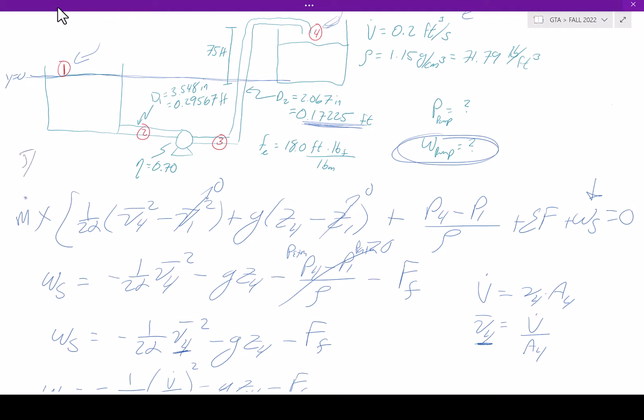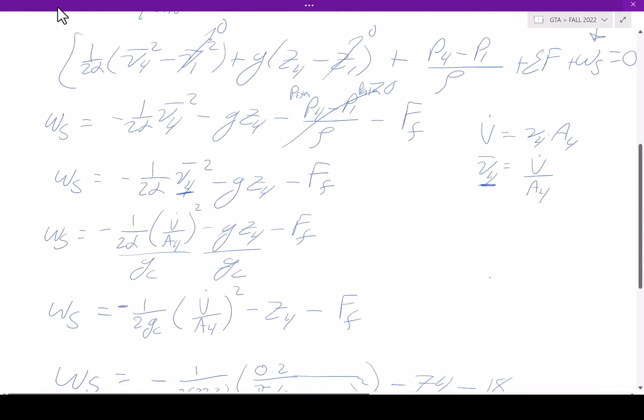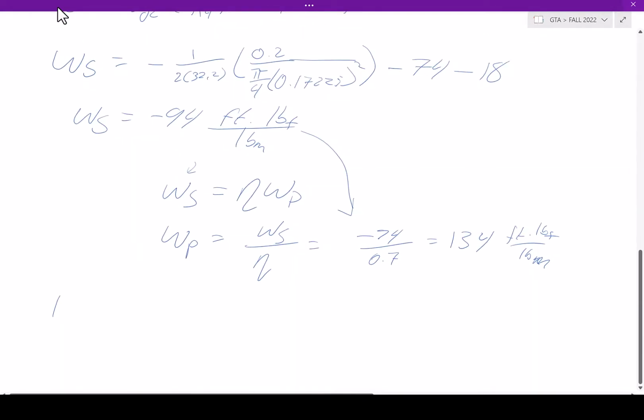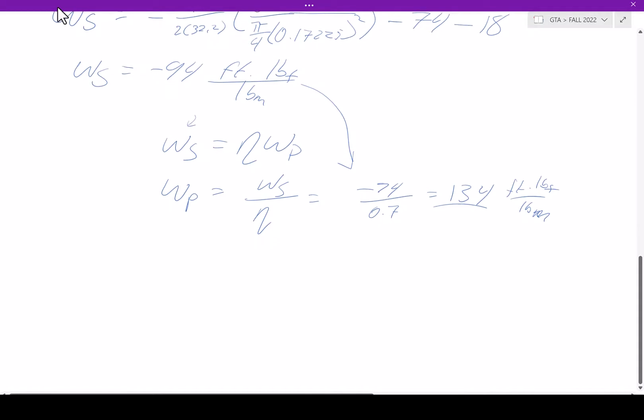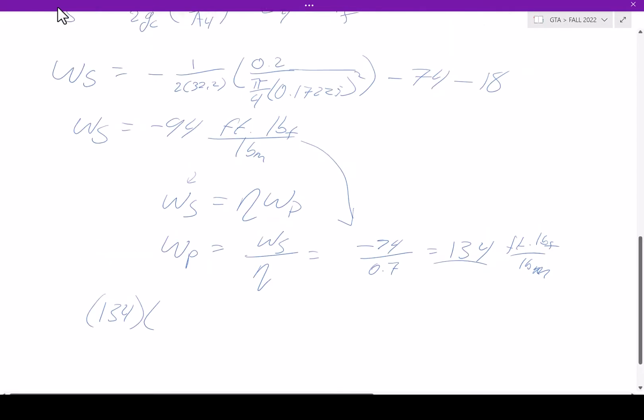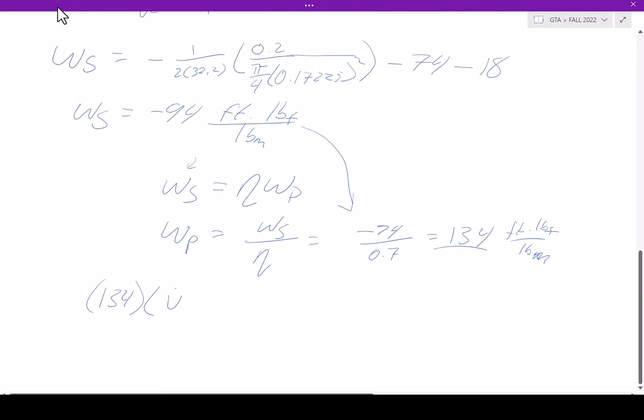So you end up getting a joule per second or the English equivalent. So we need to do that first. We have this amount that's delivered, but in order to get the actual energy per second term, we need to say 134 times the mass flow rate, which is just equal to the volumetric flow rate times density.